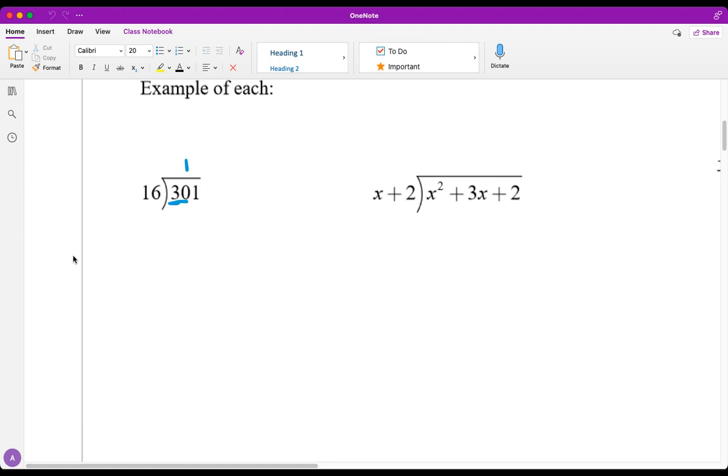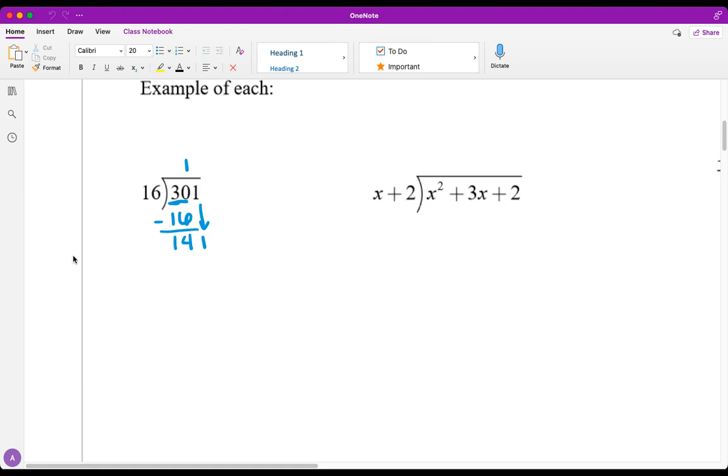Next, we multiply 1 times 16 and write down that number underneath the 30. Next, we subtract. If we did that correctly, this number should be too small for 16 to go into it. So we bring down the 1 to continue division. 16 goes into 141 about 8 times.